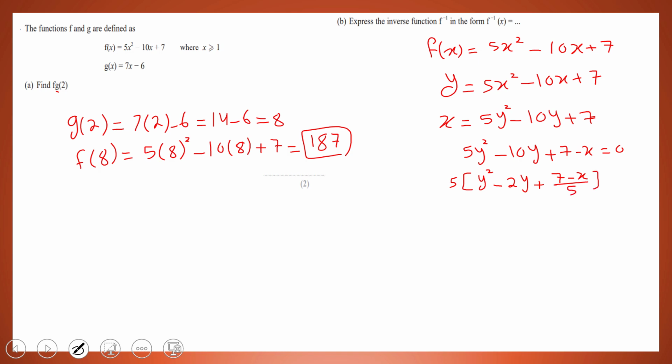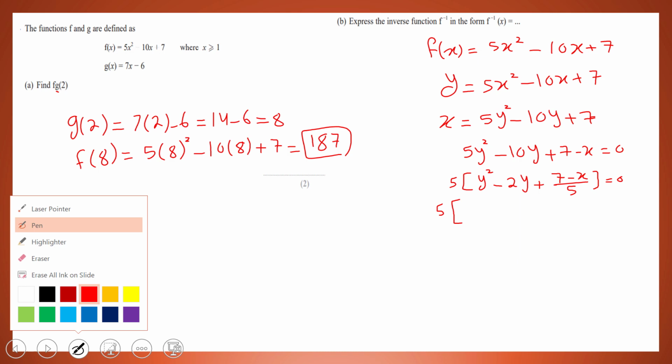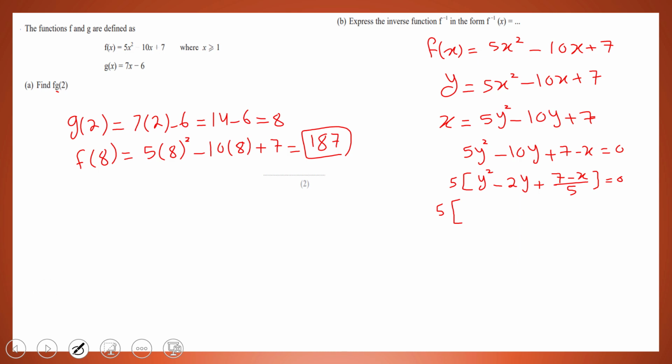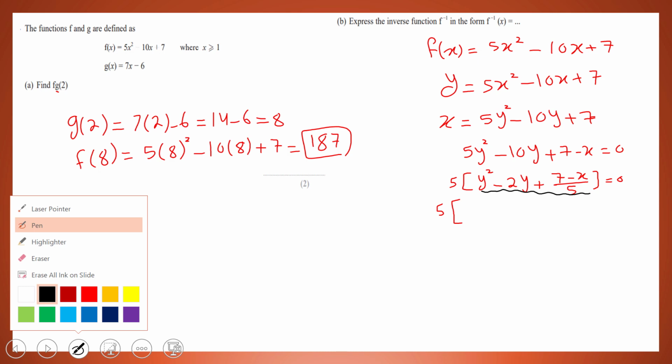So what did I do again? I took the 5 as a common factor, so I will keep it out for now. I will do completing the square for everything inside the bracket.